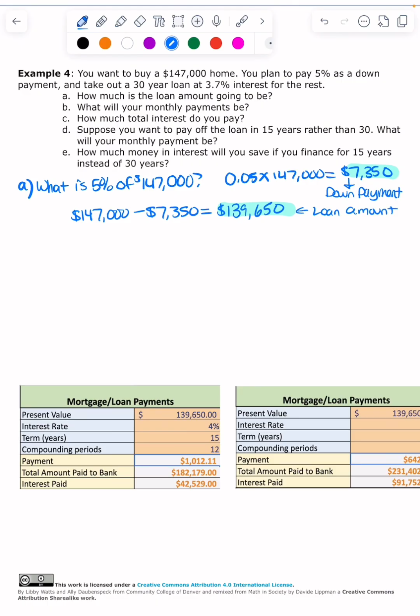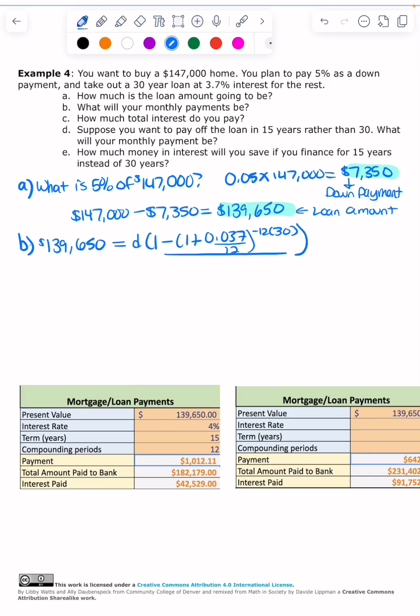What will the monthly payments be? Okay, so that's going to be $139,650 equals D times parenthesis 1 minus parenthesis 1 plus 0.037 divided by 12 raised to the negative 12 times, how many years is it? 30 years.